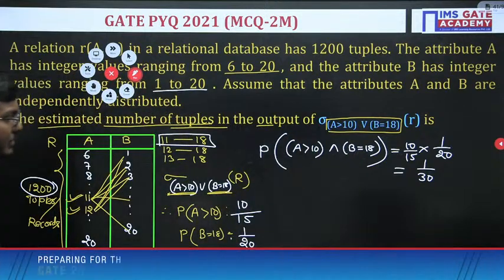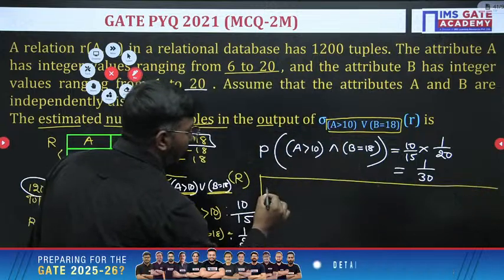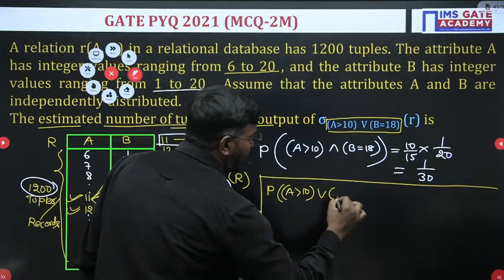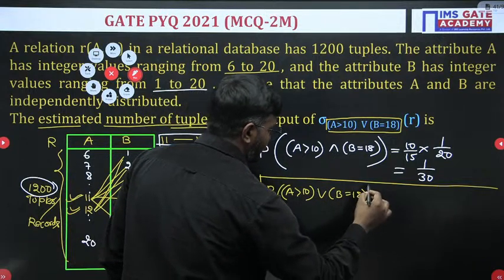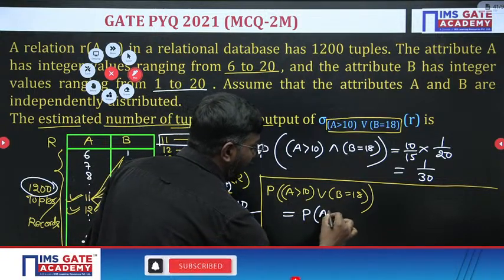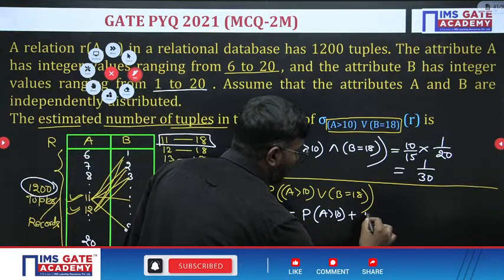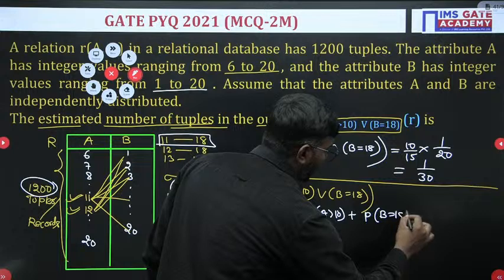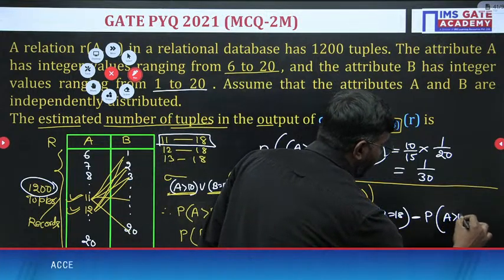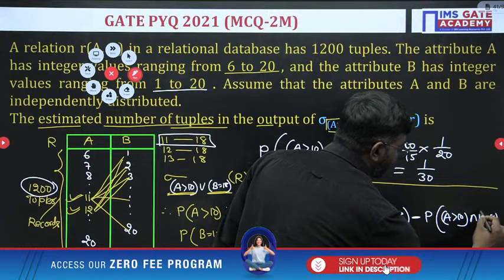Fine. Now as per probability conditions, if I want to find the probability to get A greater than 10 or B equal to 18, we know from the probability theorem that it is the probability of A greater than 10, plus the probability of B equal to 18, minus the probability of A greater than 10 and B equal to 18.